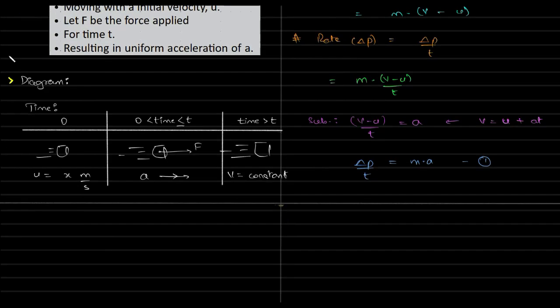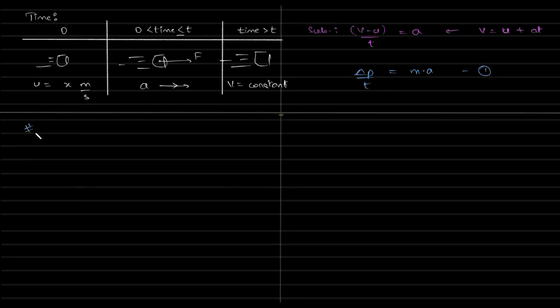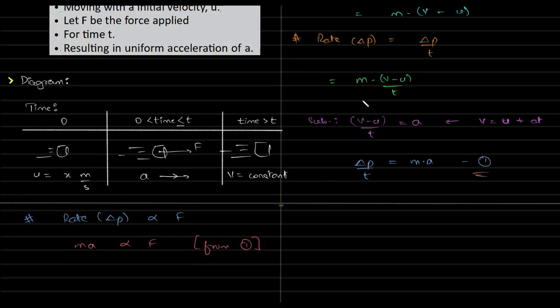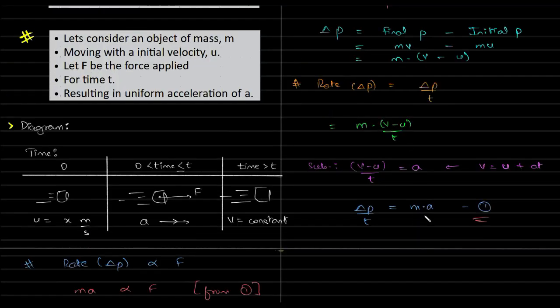Now, the second law talks about this. Rate of change in momentum is proportional to the force. And so we have mass into acceleration is proportional to force. This is from this particular expression. Rate of change in momentum is nothing but m into a.